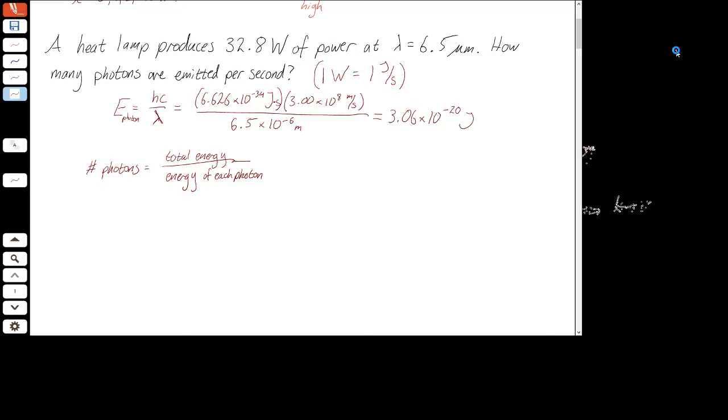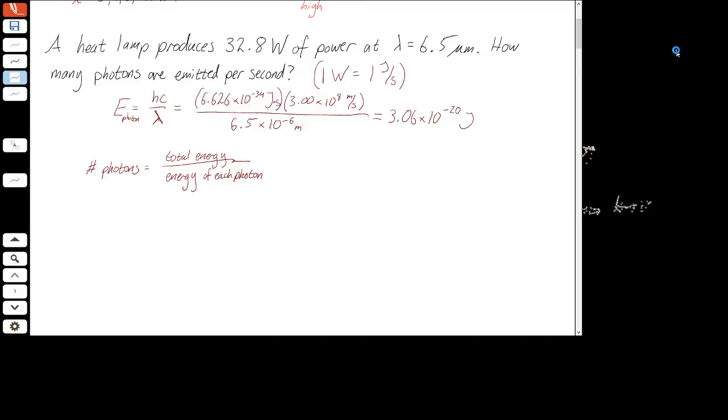If you want to think about it from a unit conversion perspective, we could say the total energy times the reciprocal, so like number of photons per energy. But anyway, that works fine. So the total energy we're given in the problem is 32.8 watts of power, but the question's asking how many are emitted per second.